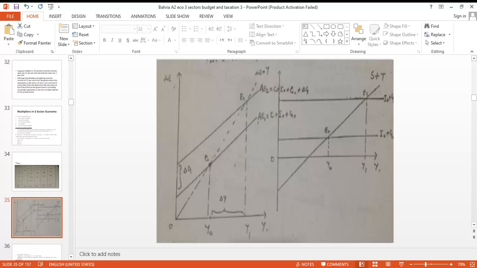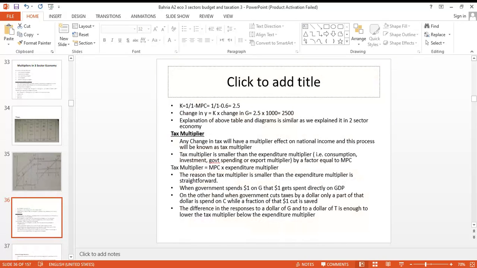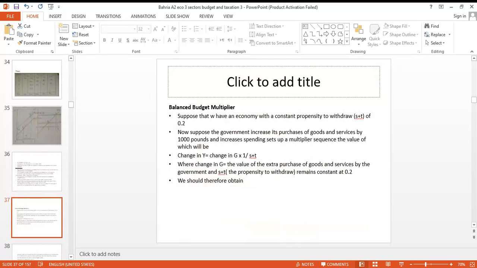I'm sorry, that's not very clear in the diagram, but the lower line is I1 plus G1 and the upper line is I2 plus G2. Your injections also go up, and because of those injections your income goes up and your savings also rise. So both consumption and saving, now that is the important thing, both consumption and savings go up as a result of the increase in the expenditure.